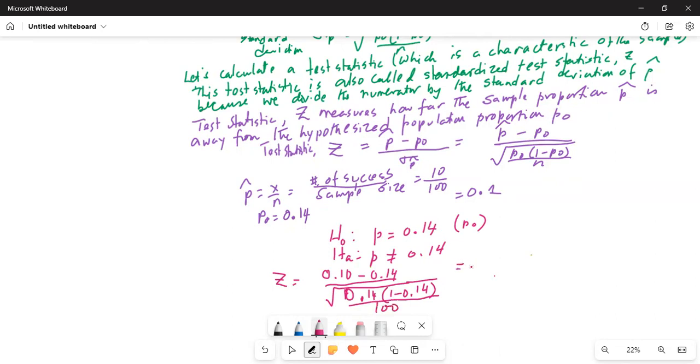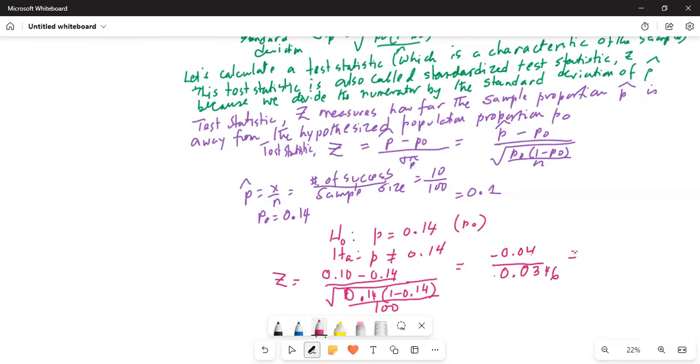So this is equal to 0.10 minus 0.14 is minus 0.04, divided by, and I will do the calculations in the calculator, the square root of 0.14 times 1 minus 0.14 divided by 100, which is 0.0346.